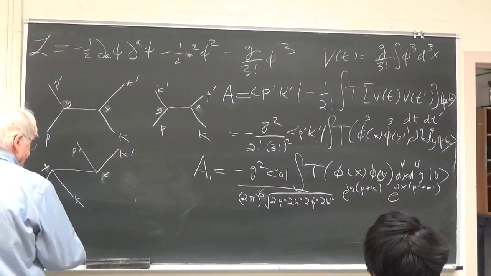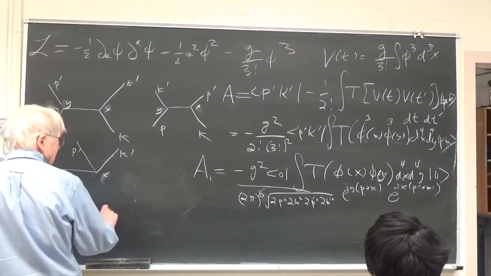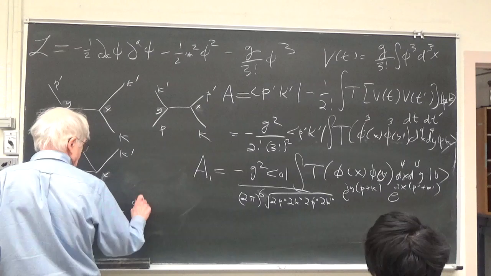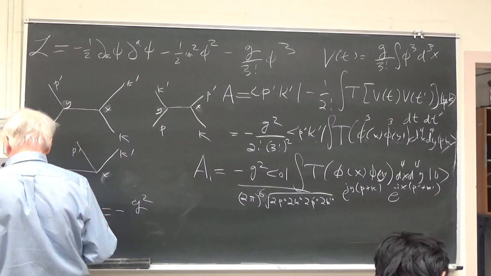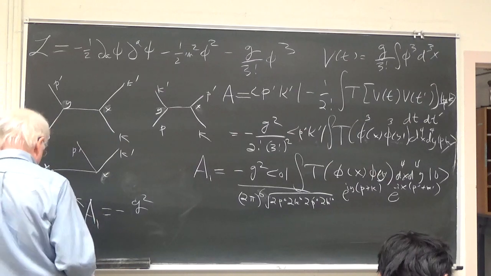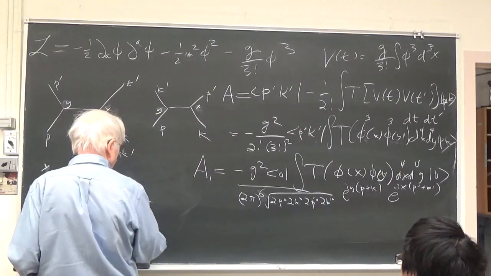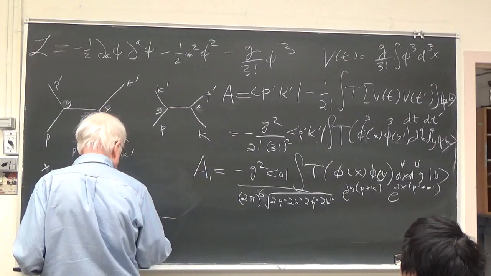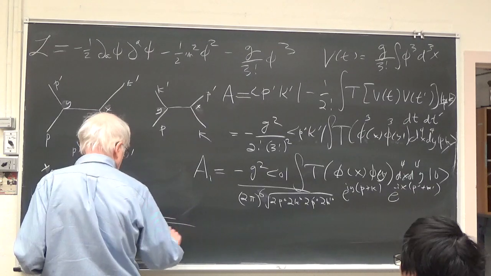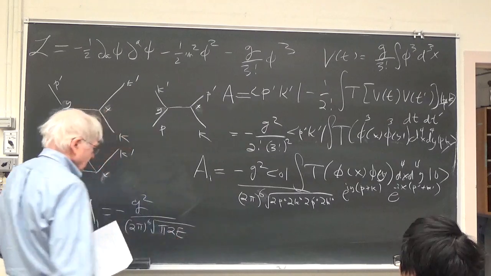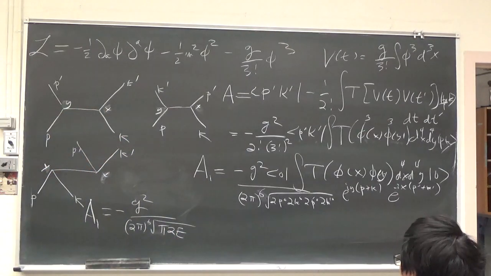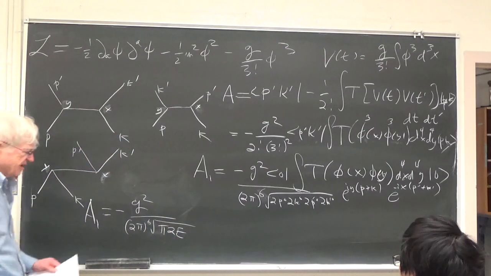And so A1 then is minus G squared over this 2 pi to the 6th square root of, I'll just write product twice the energy. So it's the product of all the initial and final state particles.